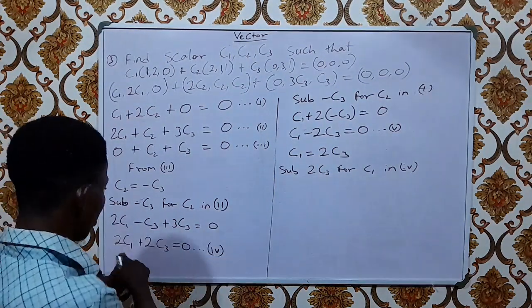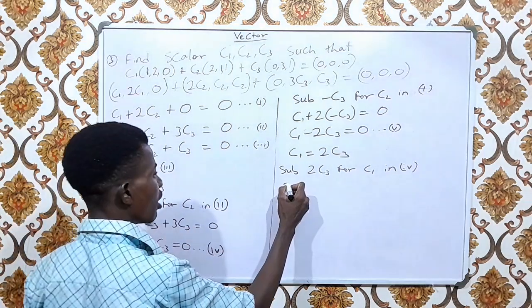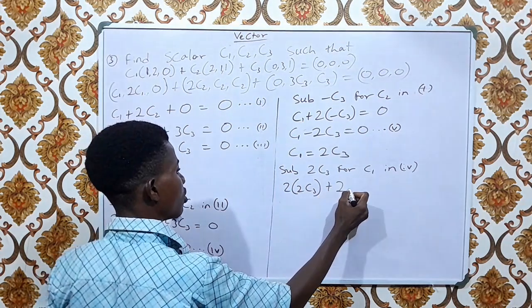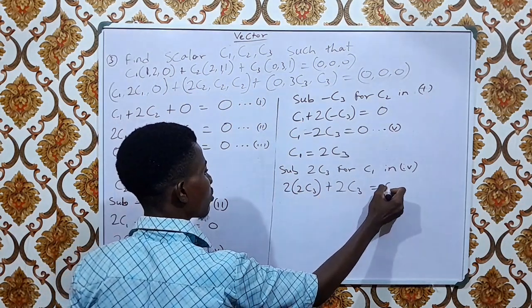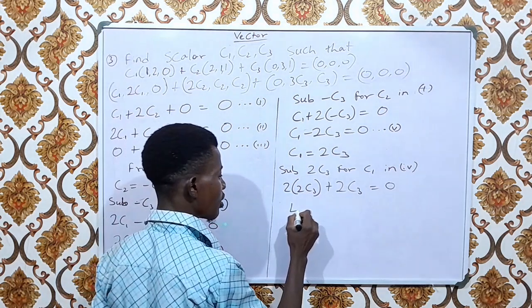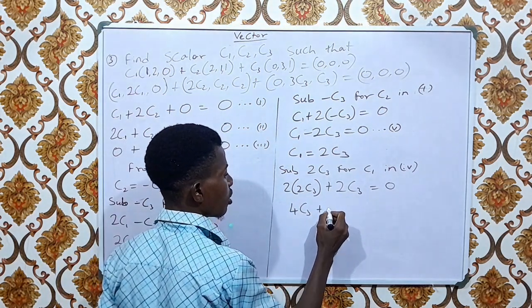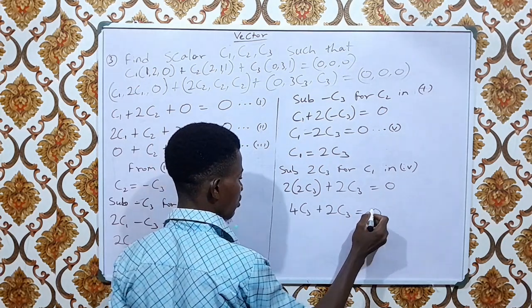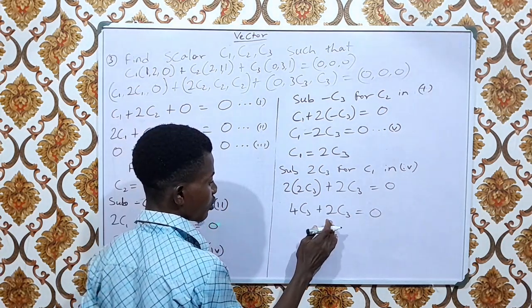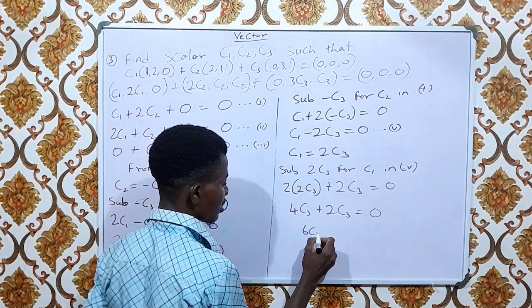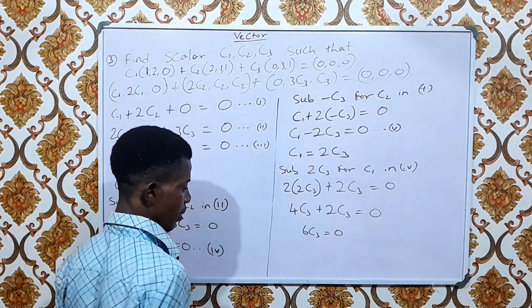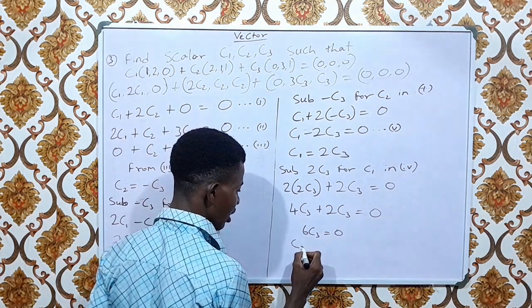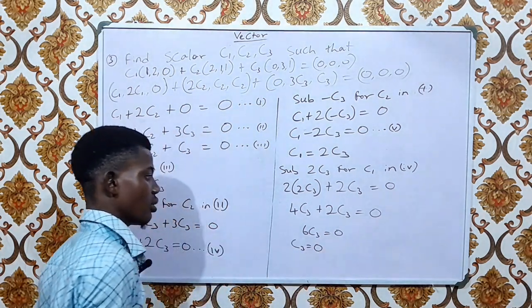So in equation 4, we have 2 open bracket 2C3 plus 2C3 equals 0. 2 times 2 gives us 4C3 plus 2C3 equals 0. 4 plus 2 gives us 6C3 equals 0. Divide both sides by 6. We now have that C3 is equal to 0.